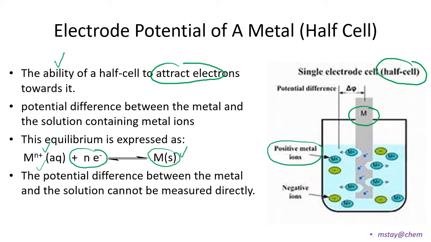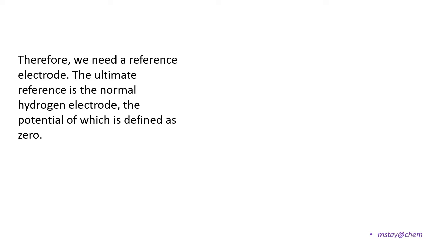The potential difference between the metal and the solution cannot be measured directly if we only have a half cell like this. Therefore, we need a reference electrode. Normally the reference is the hydrogen electrode, where the potential is always equal to 0.